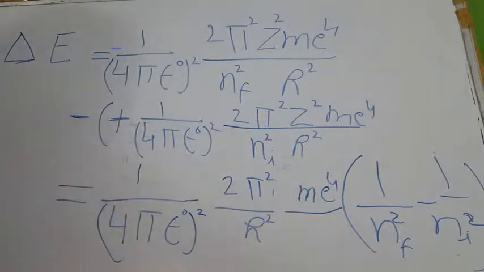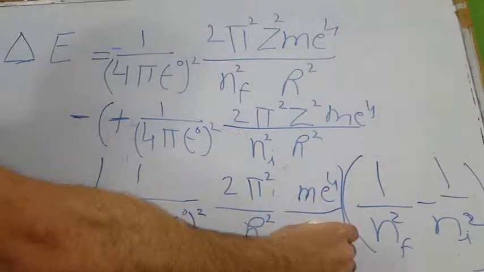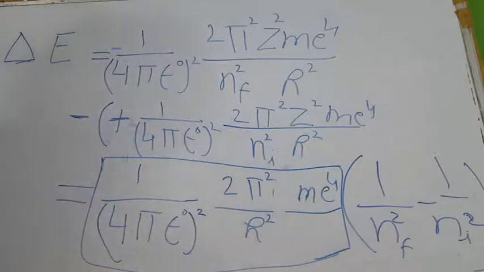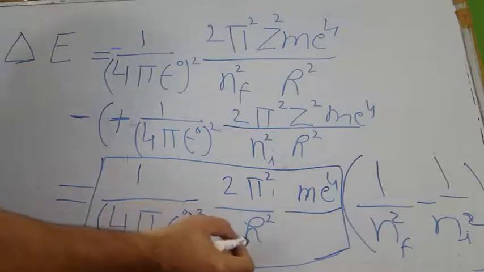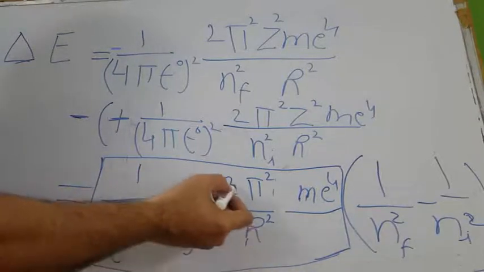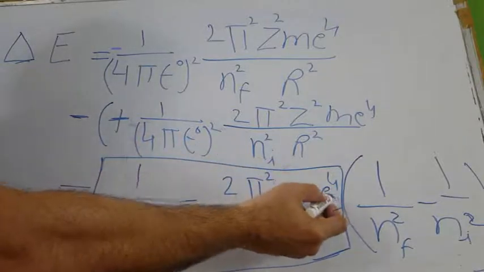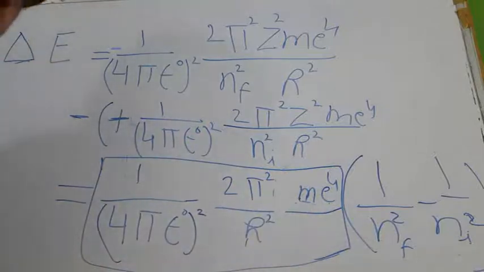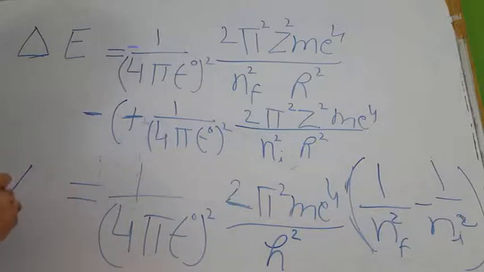Here this equation comes out, and this all is constant for the hydrogen atom. 4 pi epsilon 0 is a constant, Planck's constant is also a constant, pi is a constant, the charge on the electron is constant, and the mass of the electron does not vary either. Here this is equal to delta E.